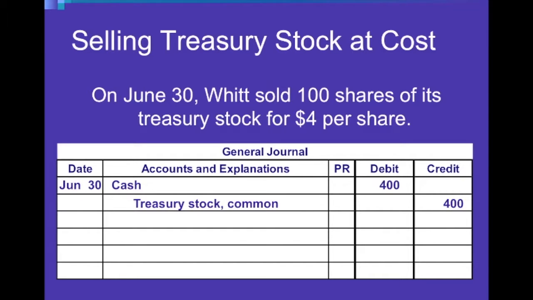We simply debit cash for $400, and then we credit that contra equity account treasury stock to remove it from that treasury stock account for that same amount, $400. Again, this one's nice and easy because remember those shares had a cost of $4 per share, so we just remove them from this treasury stock account for that same value.